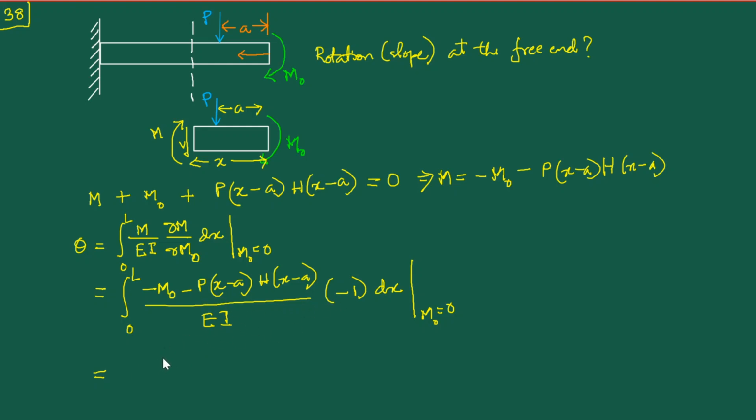So I'll have this P into x minus a. But now I'll already activate this Heaviside so that this integration from 0 to L actually gets converted from a to L, because whatever was from 0 to a, that becomes 0, because the Heaviside of x minus a, as long as x is less than a, is equal to 0.